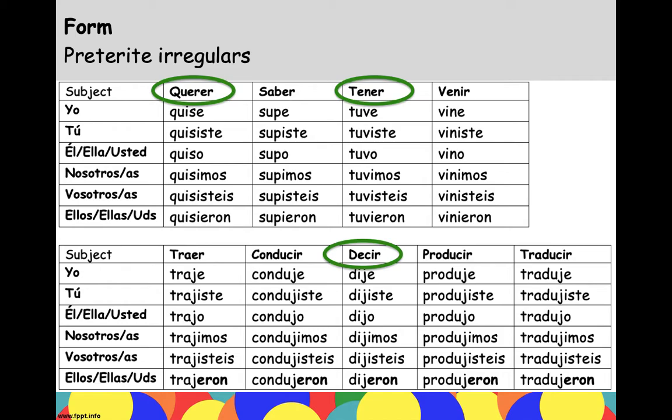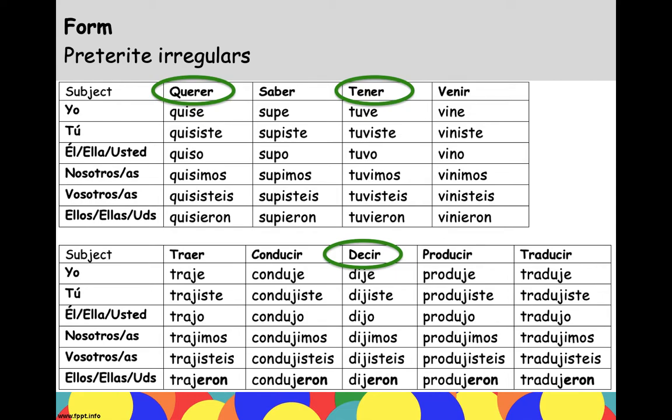So from the context, you'll know if they're talking about wine or if they're talking about somebody coming somewhere. But just be aware that it can be the verb venir, or it can be a noun meaning wine, to drink. And then on the bottom row, you've got some slightly different patterns here, because you've got a J running throughout.